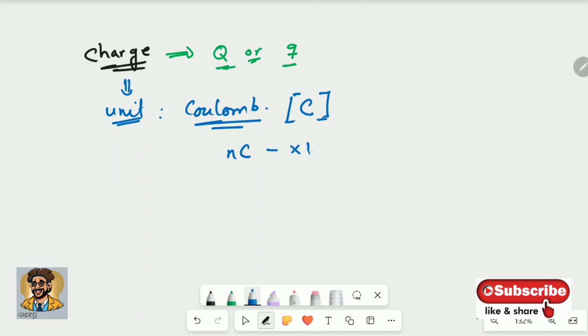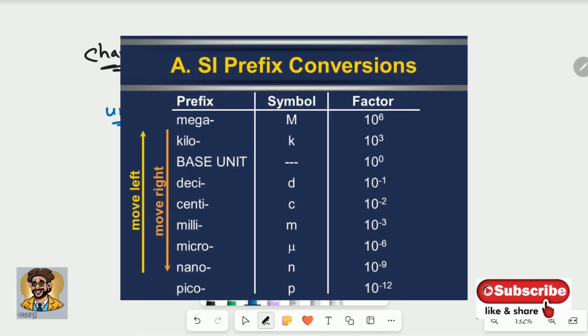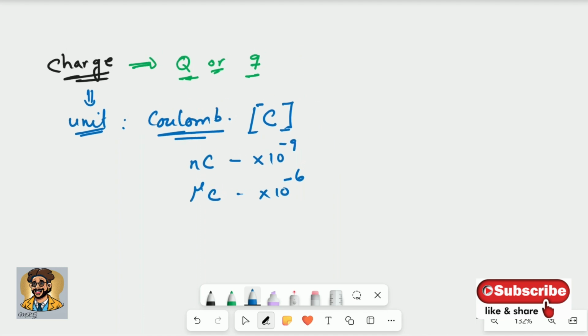You multiply by 10 to the minus 9 for nano, any nano, and if it's a micro, then you multiply by 10 to the minus 6. Any question there?